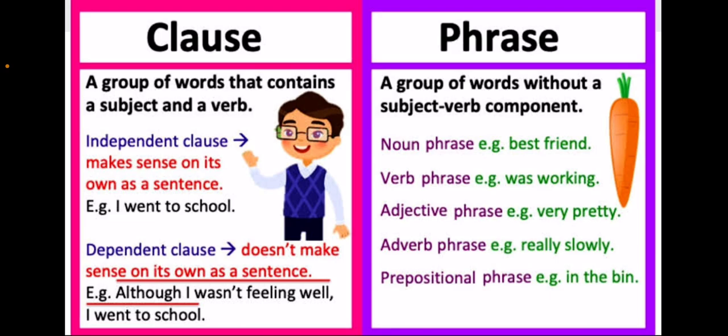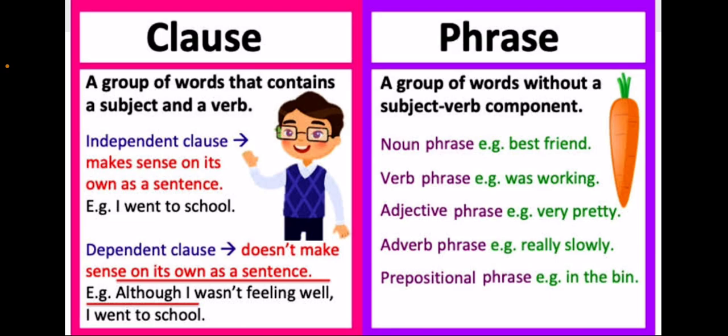And on the right hand side you can see phrase. A phrase is simply a group of words without a subject and verb component. That means a phrase can be like a noun phrase which doesn't have a verb in it. A verb phrase will not have a subject, because if there is a subject and a verb, generally we call them clauses, right? And a clause can be of two types: independent and dependent.